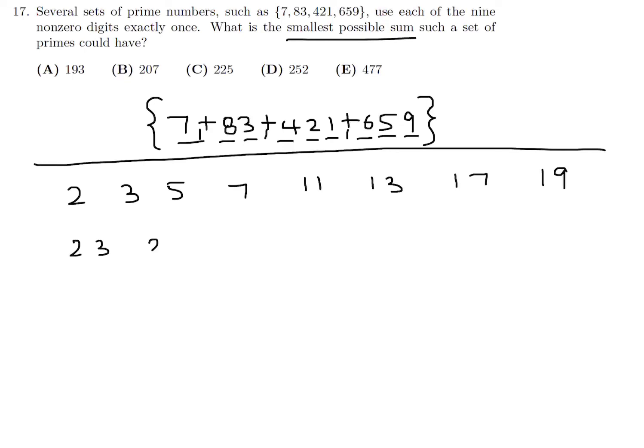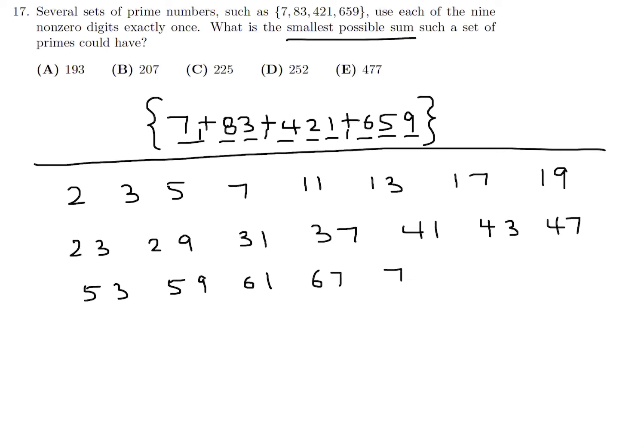23, 29, 31, 37, 41, 43, 47, 53, 59, 61, 67, 71, 73, 79, 83, 89, and 97. Okay, these are all the primes less than 100.